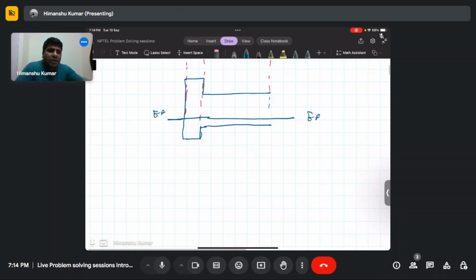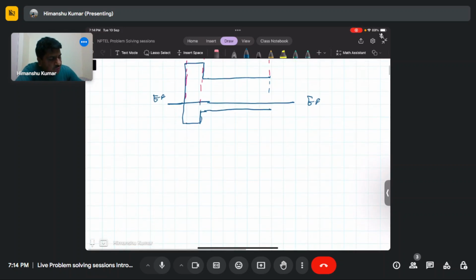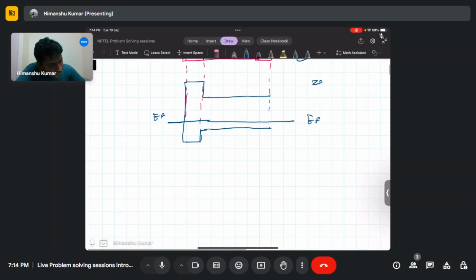Now this is the zero bias, ideal MOS. So what is the ideal MOS? First, you consider the metal work function equal to the semiconductor work function.